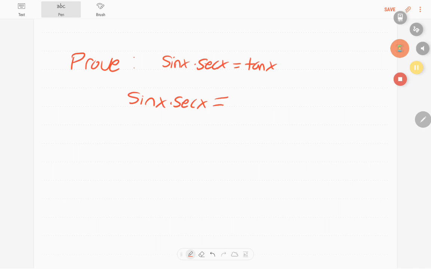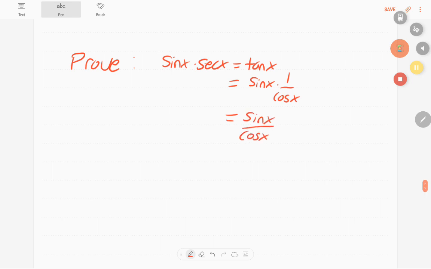I'll just leave it as is, and then I'll put equals. So if I look at sine of x times secant of x, really I see sine of x times 1 over cosine of x. Or in other words, this is just sine of x divided by cosine of x, which equals tangent of x.